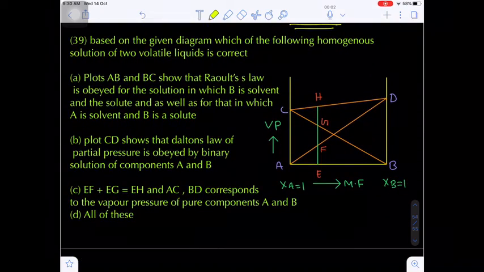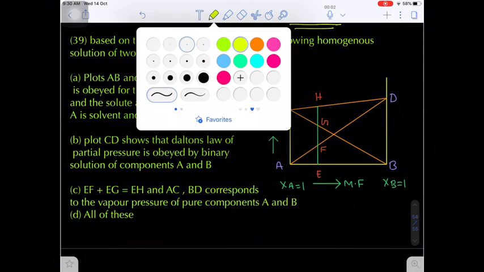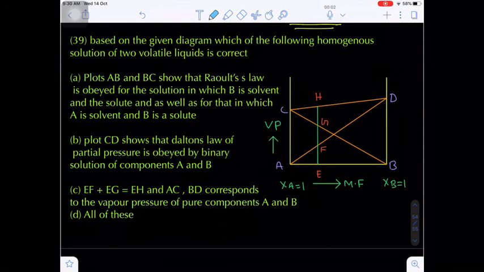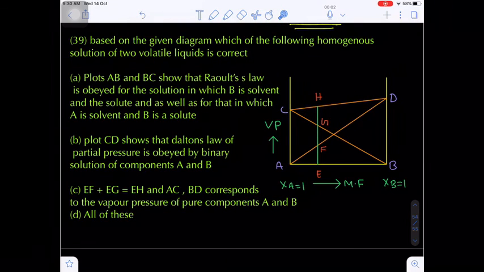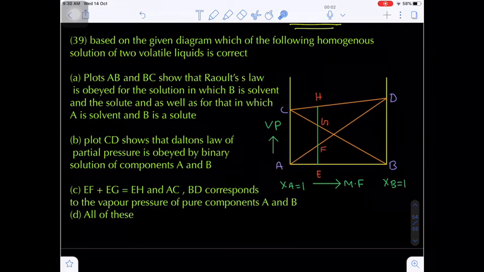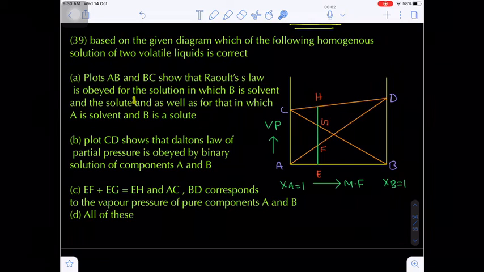Okay, and one more last question. Based on the given diagram, which of the following statements about a homogeneous solution of two volatile liquids is correct? The first one: plot AB and BC shows that Raoult's law is obeyed for the solution in which B is a solvent and A is the solute.